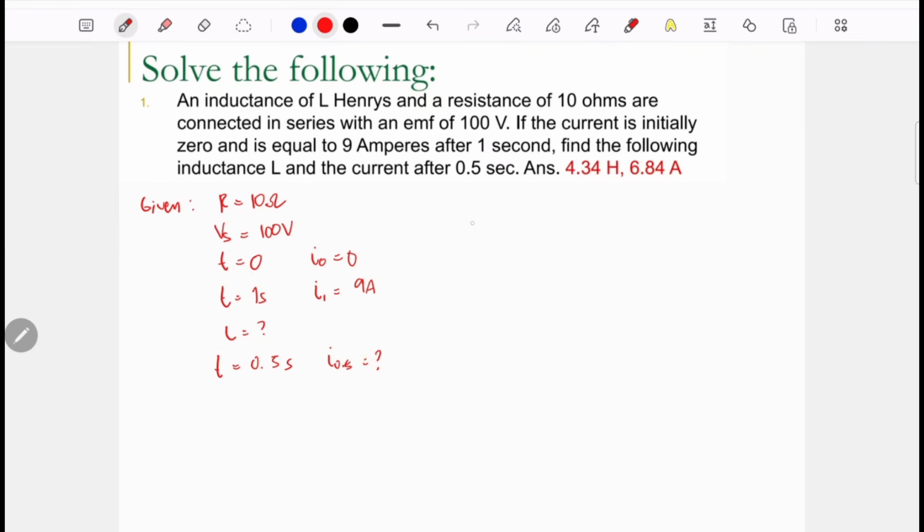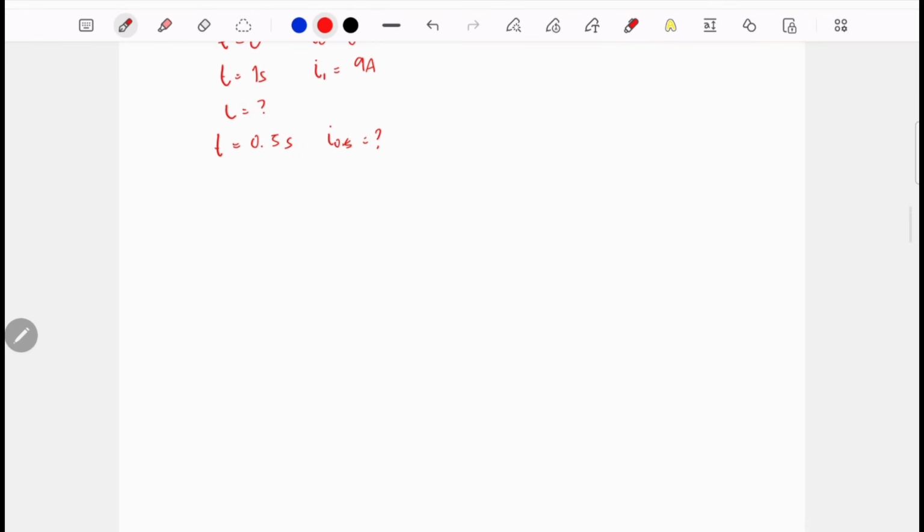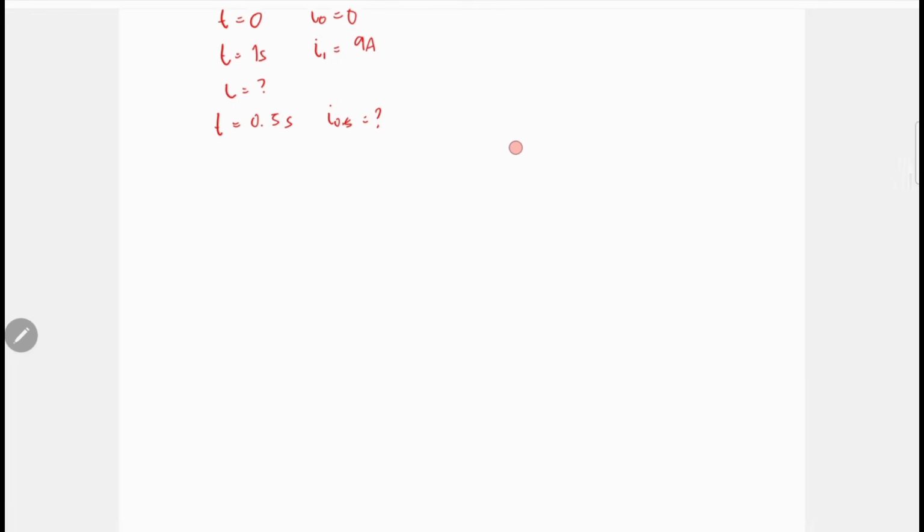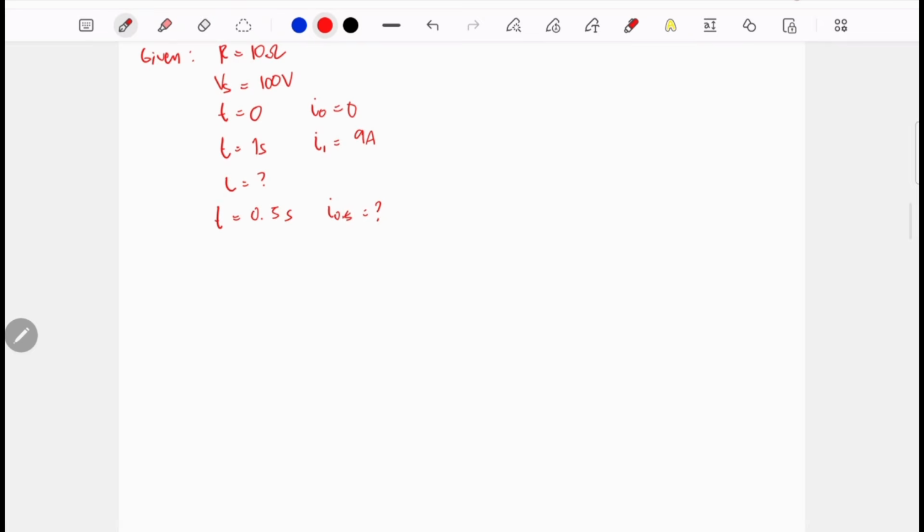So our formula is I equals V sub s over R, 1 minus e to the negative R over L times t.